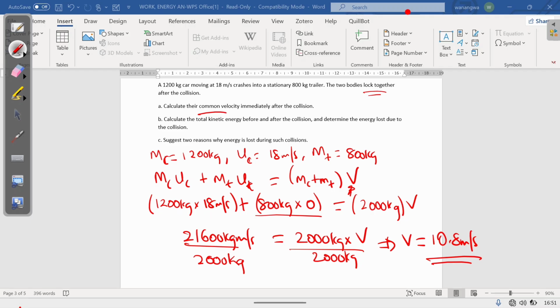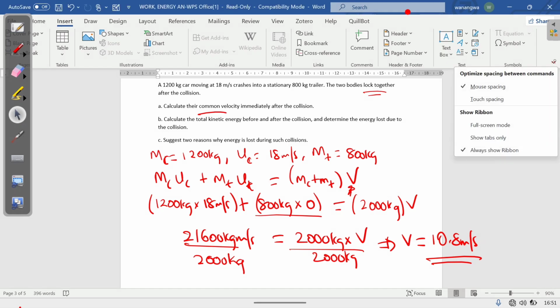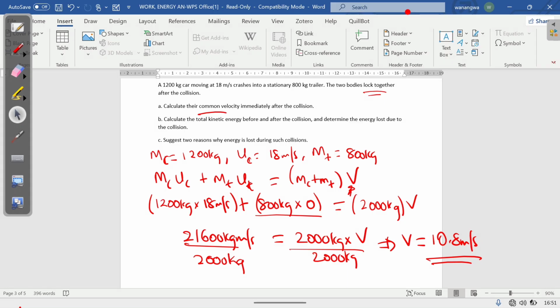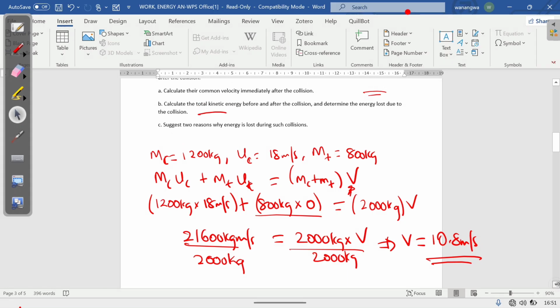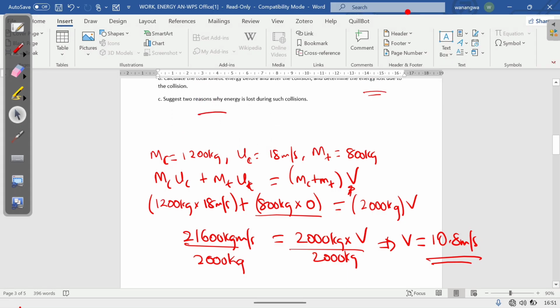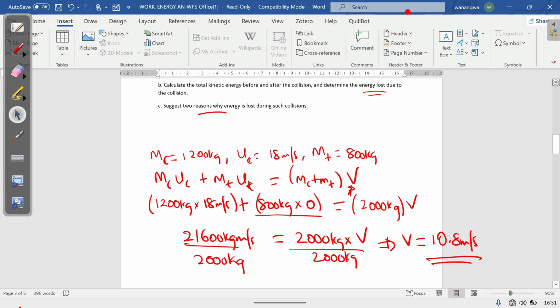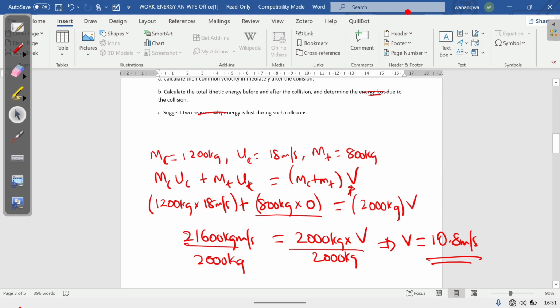Now they're going to ask us that we should calculate the total energy before and after the collision, and determine the energy loss due to collision. Okay, so remember, let's write this somewhere.